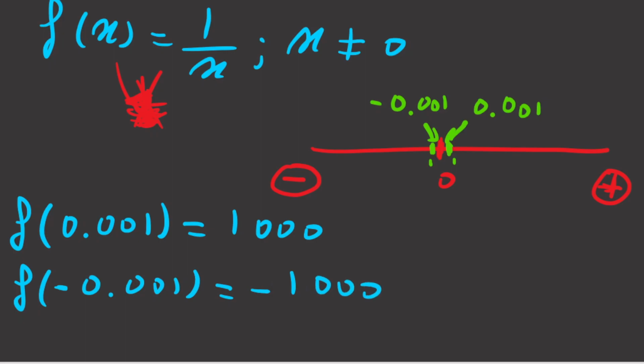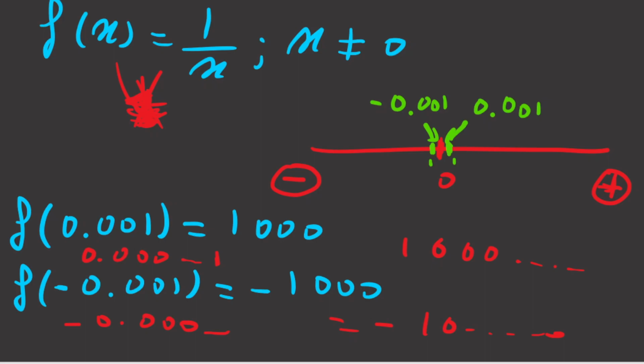And if we take really small numbers, like for example 0.0000, I don't know how many zeros, we also get a really big number. And same for this one. If we take minus 0.0000 thing, we get minus a big number, a really small number on the negative side.